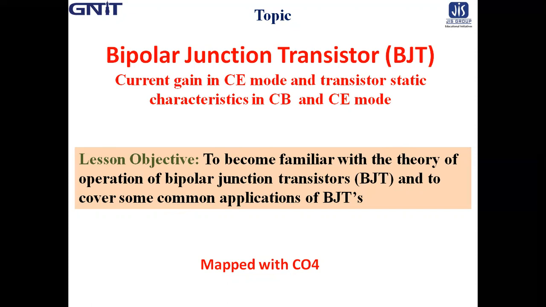This topic is mapped with CO number 4. So let us start lecture number 3 from the third module, that is bipolar junction transistor, with the topic of transistor static characteristics in common base configuration.